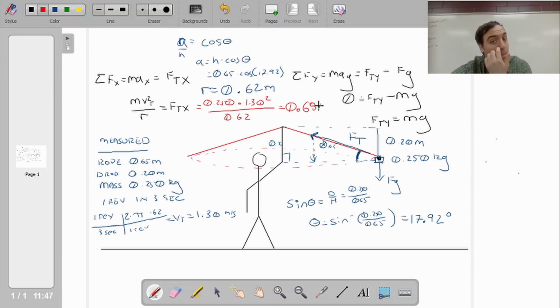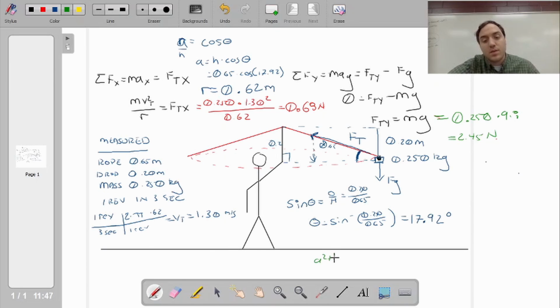newtons. If I talk about my force FTy, that's just m times g by this equation over here, which tells me that it is 0.250 times 9.8, or 2.45 newtons. But I'm looking for my total tension. Well, I have a triangle, I can just find the missing side.